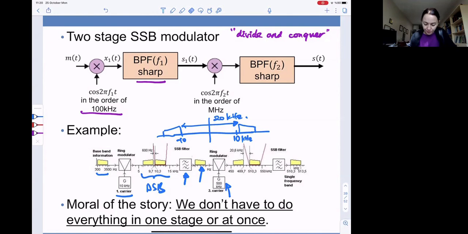Now, what happens is, now I'm at 500 kilohertz, right? And I have this signal. Now I can easily put a filter around it, okay, to get the upper sideband again.